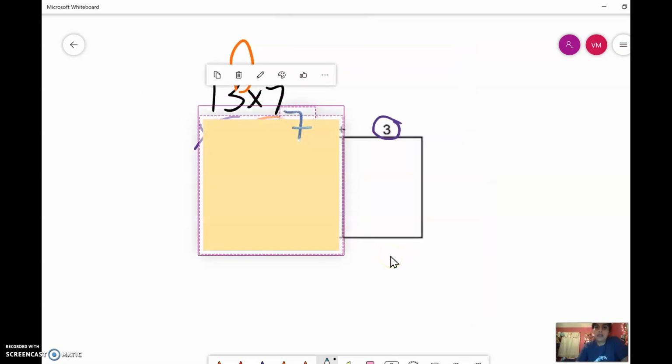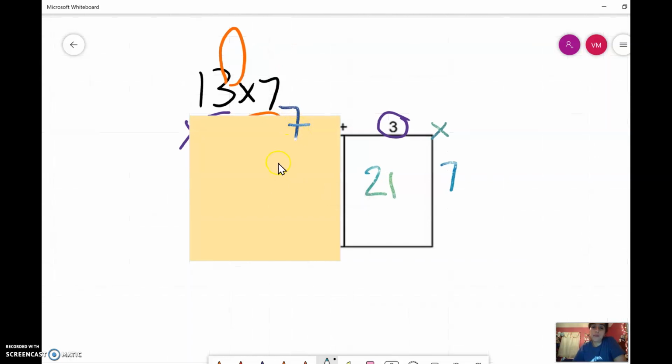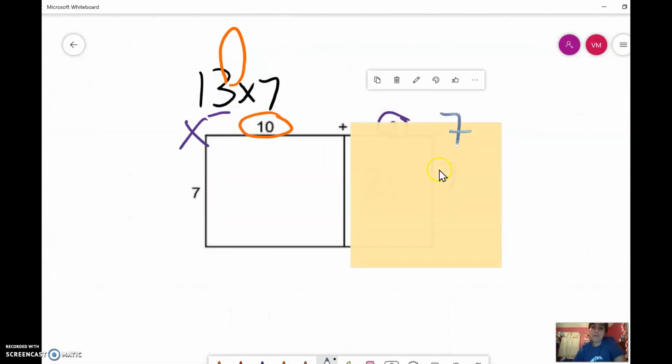Multiplying is 3 times 7. And 3 times 7 is 21. So this is just the area. Remember the area? Length times width, or you can add them. And then if I block this, 10 times 7, the area of that model is 70.